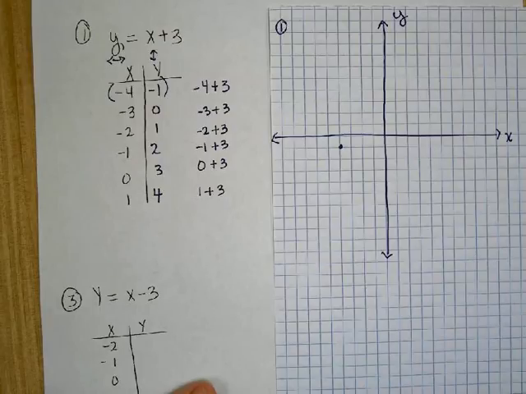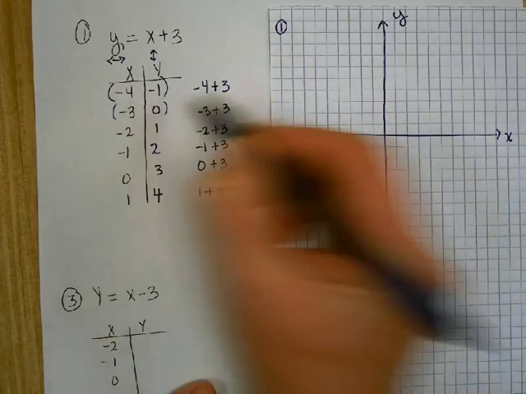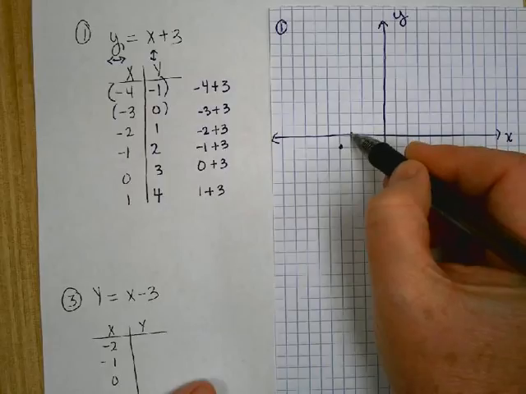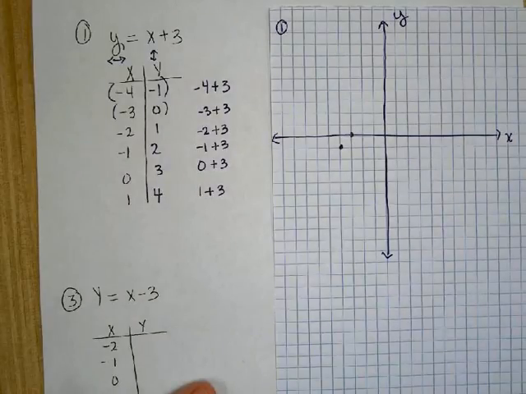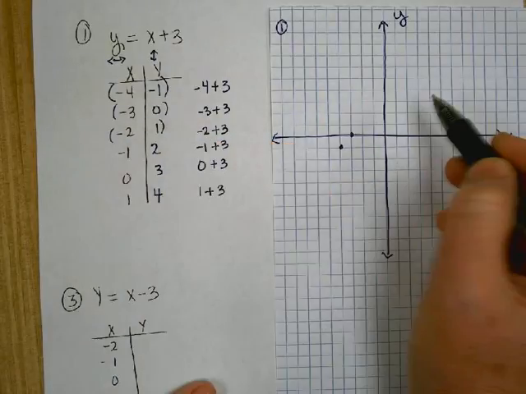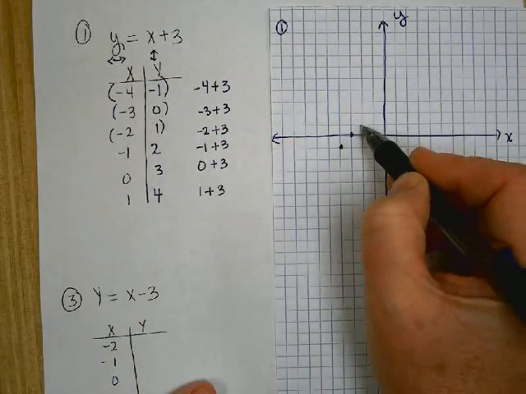Second point is at negative 3, 0. That means you go back 3, you go up or down 0. Then it's at negative 2, 1, so you go back 2 and up 1.